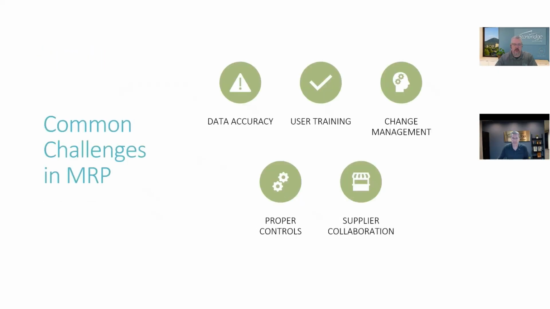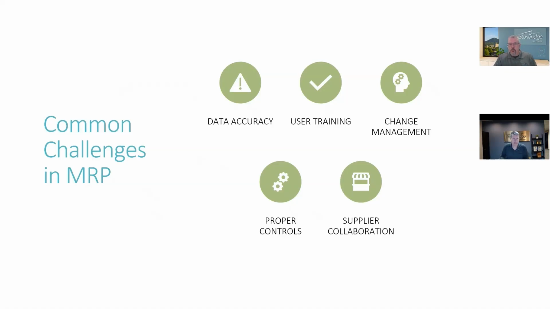And we always like to start with the common challenges. Like, what are you experiencing today? Between Tim and I, we've done enough of these to know what most people experience in terms of functionality or failure-to-launch type stuff. One of the key attributes people experience when they try to roll out MRP on their own is data accuracy problems. MRP really is only as smart as the data that you feed it.